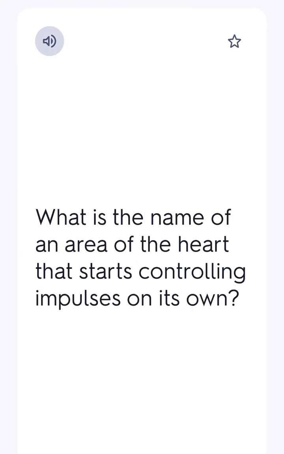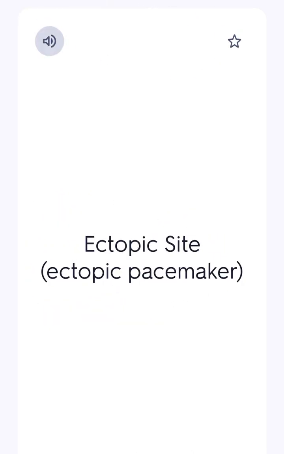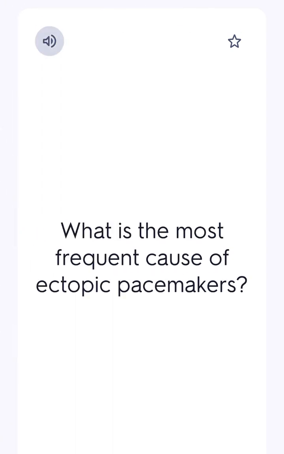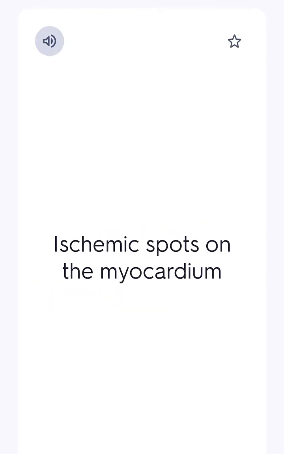What is the name of an area of the heart that starts controlling impulses on its own? Ectopic site. What is the most frequent cause of ectopic pacemakers? Ischemic spots on the myocardium.